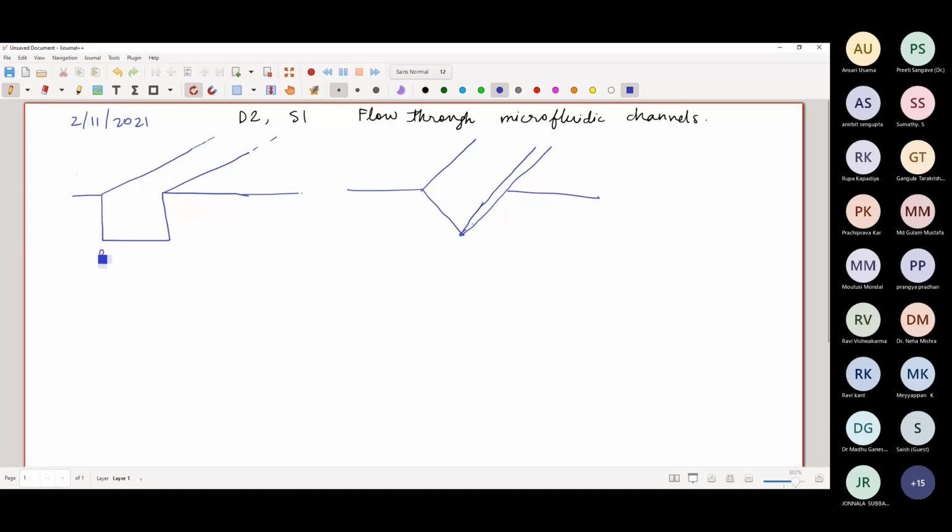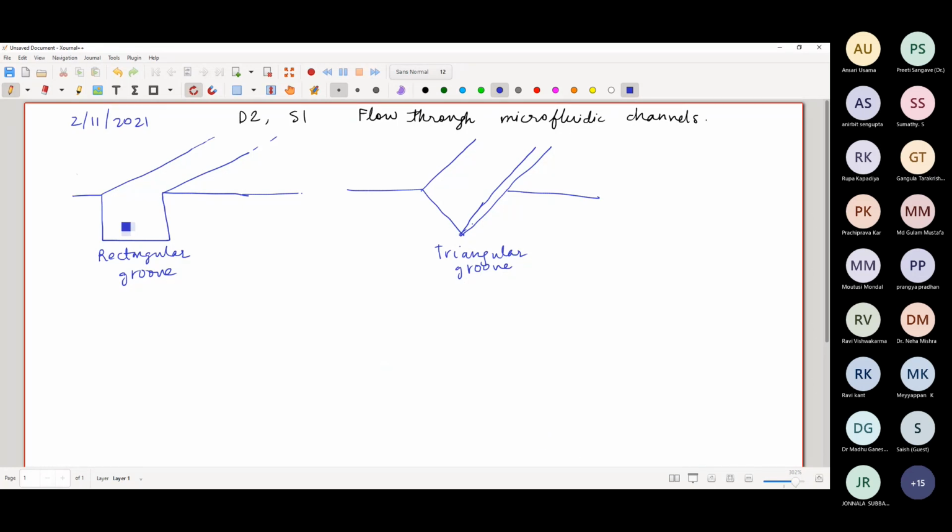So this is a rectangular groove. This is a triangular groove. And we know that these grooves can be formed due to the nature of the underlying substrate.